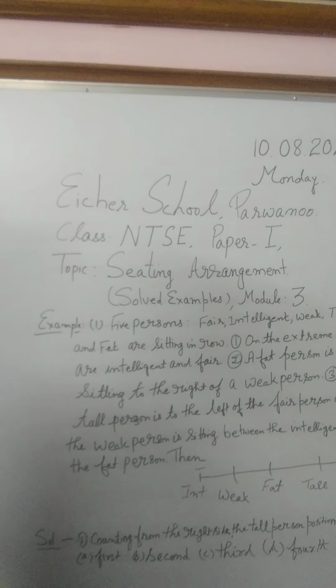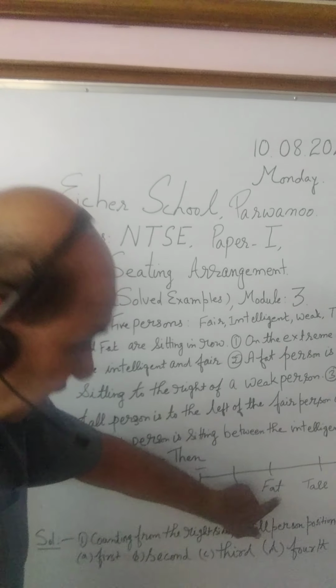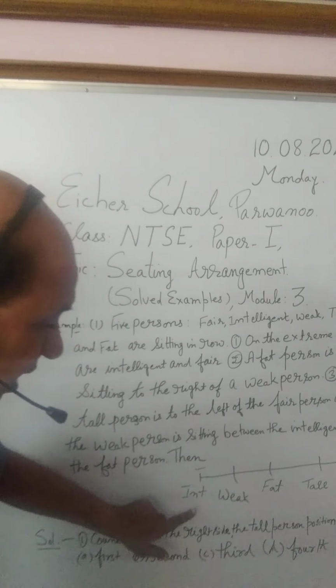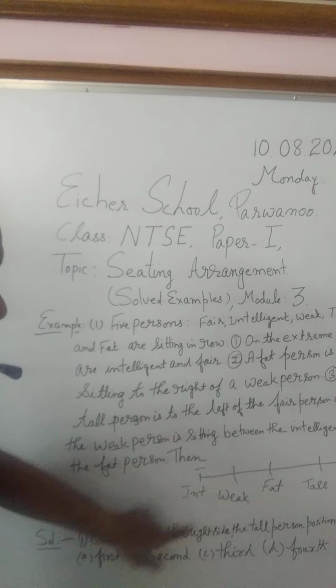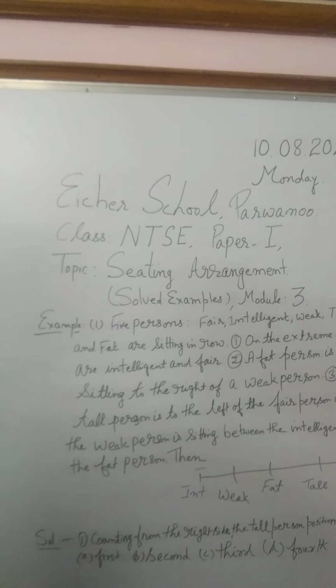Fat person can't be taken easily because it doesn't give the exact location. But weak has given us a very quick result that between fat and intelligent person I will have the weak person. So this fixes that between fat and intelligent there is a weak person. So in this way I have arranged these 5 persons.